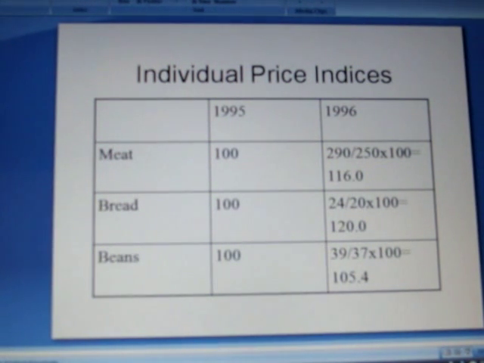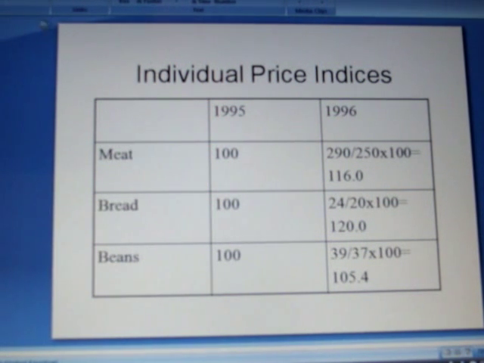If we just consider the prices, then perhaps we may say that we will find the total prices people pay in 1995 for meat, bread and beans, and the total price the people pay for meat, bread and beans in 1996.